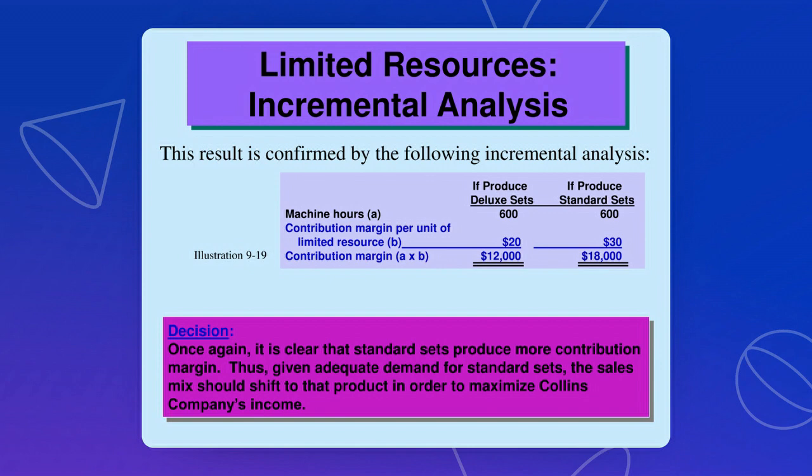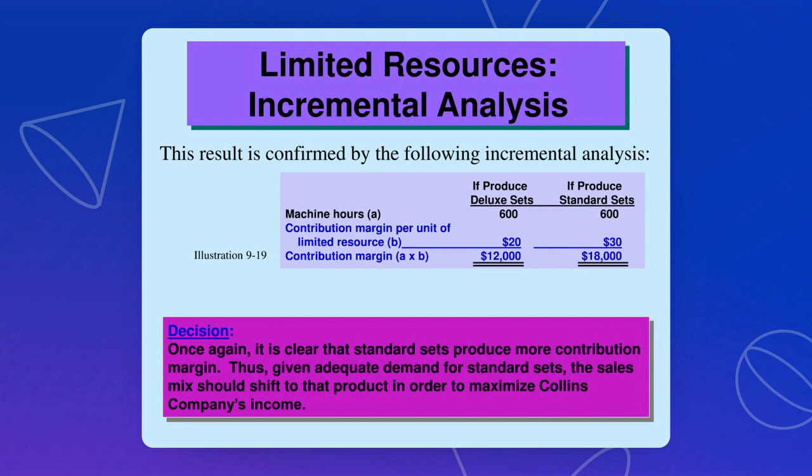To prove that what we are doing is correct, the result is confirmed by the following. For example, class, if machine hours is 600 and we produced 600 standard sets, just multiply it by the standard rates, 20 and 30 respectively. So which is the best? The best is producing standards, because in terms of producing standards we have 18,000.